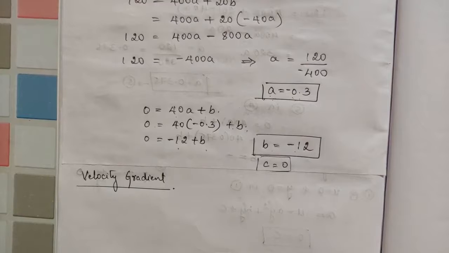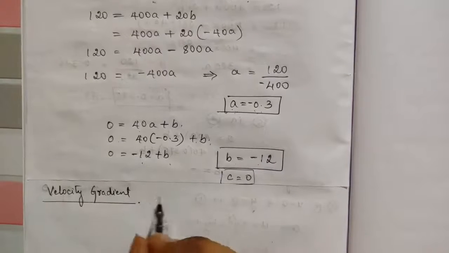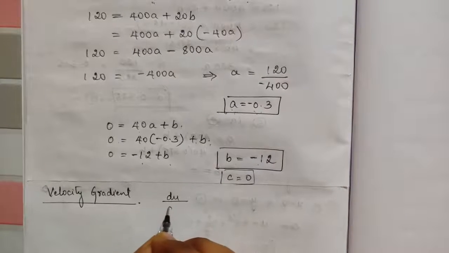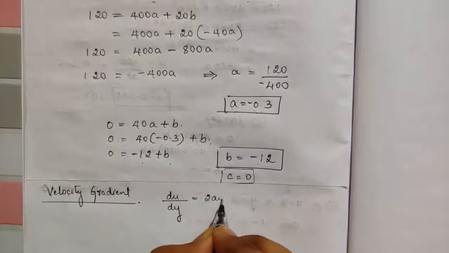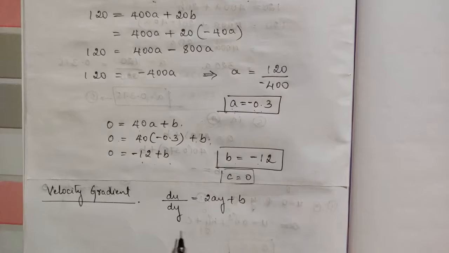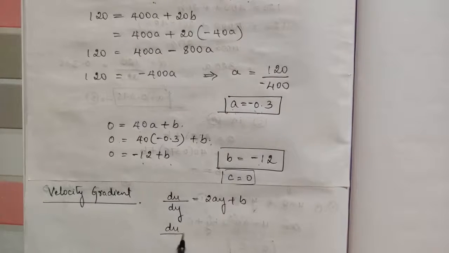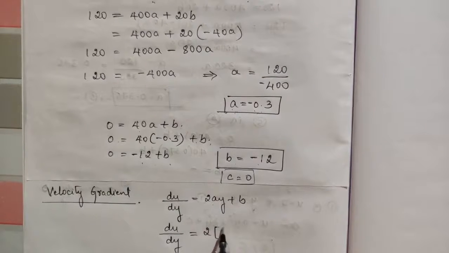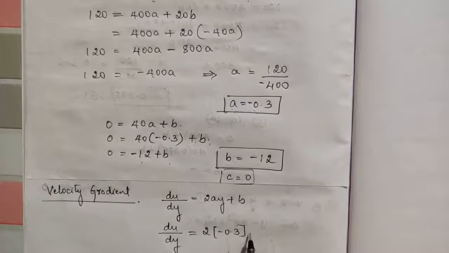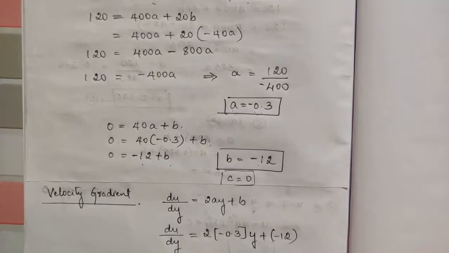So what is the equation for velocity gradient? That is du by dy equal to 2ay plus b. So what will happen? du by dy is equal to 2 into the value of a, which is minus 0.3, into y, plus the b value, which is minus 12.